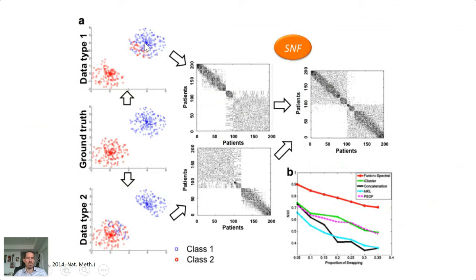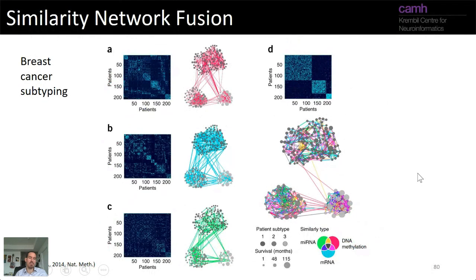If you merge those people together and create these fraudulent data types where the groups aren't totally separated, so let's say data type 1 is methylation and data type 2 is gene expression, you have these really imperfect clusterings according to the ground truth for each data set separately, but after fusion you actually get a much cleaner separation between the 2 and a ground truth, and it outperforms other methods that have been developed prior to SNF. They applied it to breast cancer.